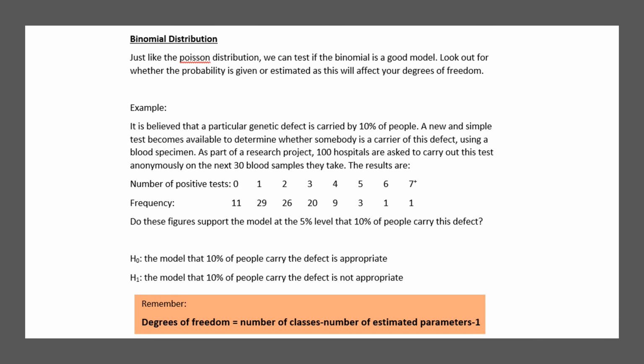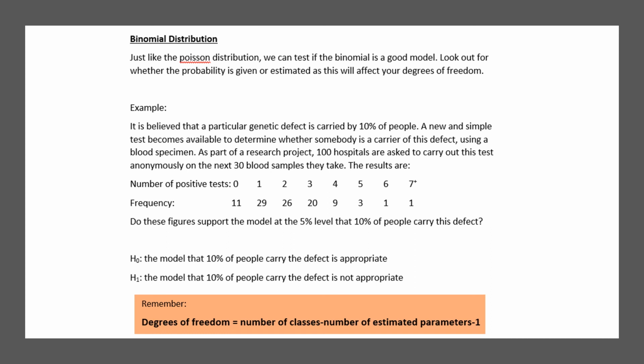So out of the 30 tests that the hospital took, of those 100 hospitals, 29 had a positive test, 1 out of the 30, and so on. This number of positive tests could have gone up to 30, but clearly it wasn't worth it because only one hospital had more than 7.